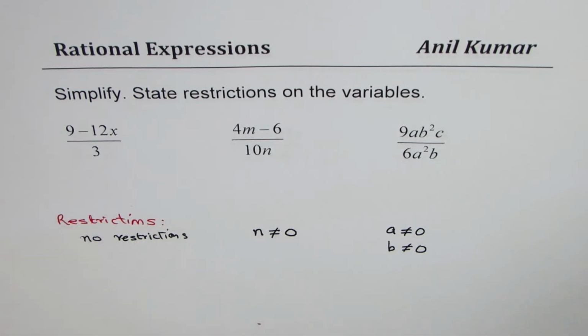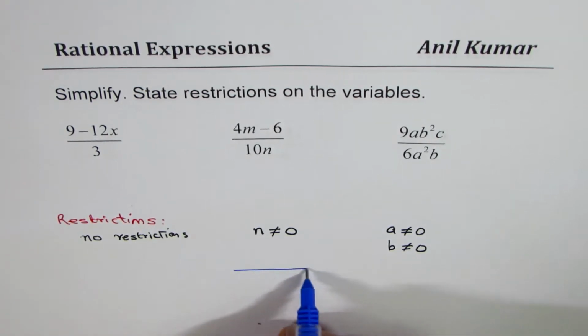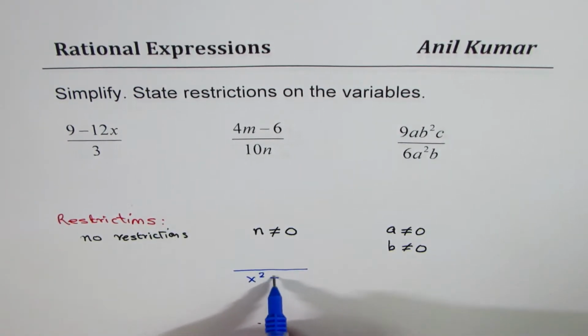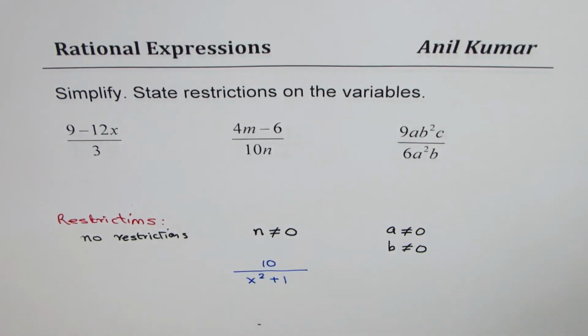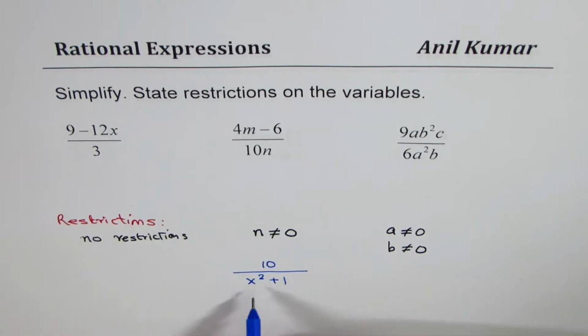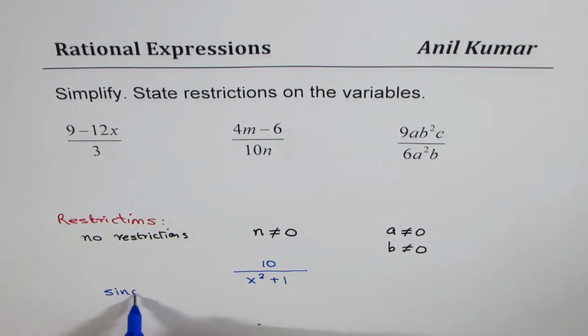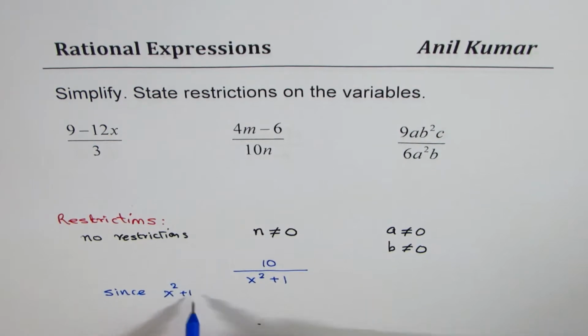But there could be times when you have a rational function of a different form. Let me give you an example. Let's say x squared plus 1 in the denominator. Let this be number 10, for example. Here you see x squared plus 1. Now x squared plus 1 is always greater than 0, right?